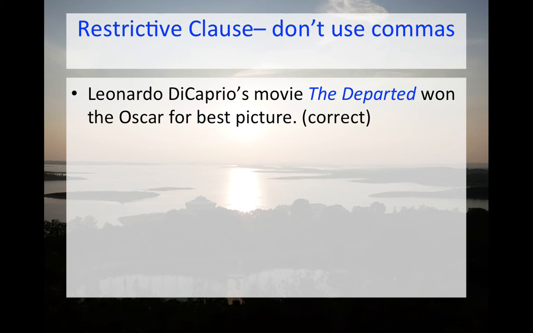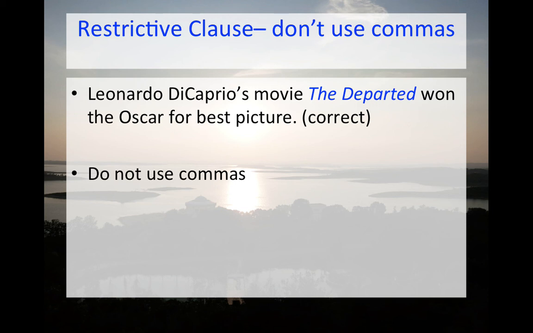back to restrictive clauses. So the way we would write this sentence correctly: Leonardo DiCaprio's movie The Departed won the Oscar for Best Picture. This is the correct way of writing this sentence, and it does not use commas.